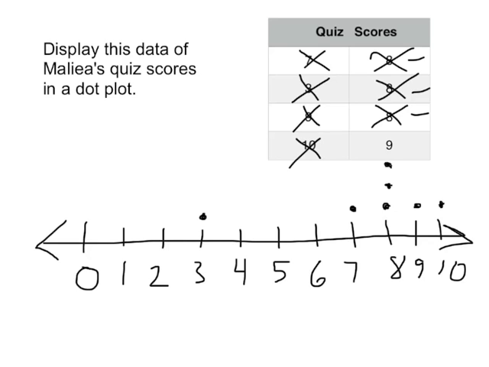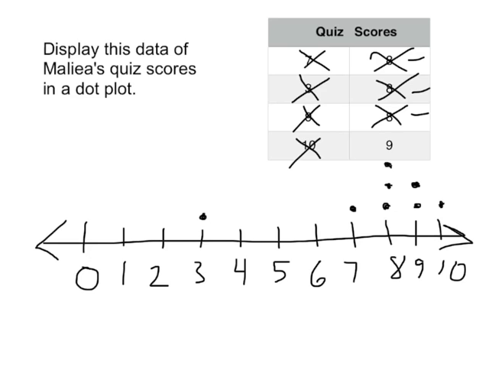And we want to make sure that we keep everything the same level so that it makes it easy to compare. So you can see that for the most part all my first dots are on the same level. Now the 9 needs another one, so it should be on the same level as the second one for the 8 so that we can compare it. Alright, so here we have the quiz scores for Malia.